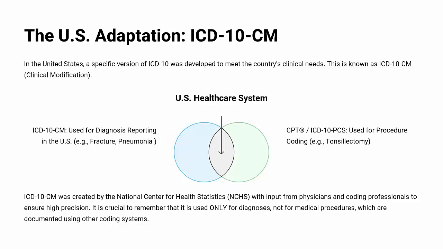Now, I'm not going to go into that deeply right now because we're talking about ICD-10 and that's our focus. But we'll talk more about procedural coding later. Just always remember that ICD-10-CM is used for diagnosis, and that is it. Nothing else. You will never report a procedure with an ICD-10-CM code.